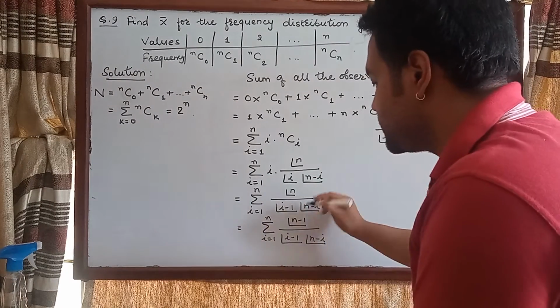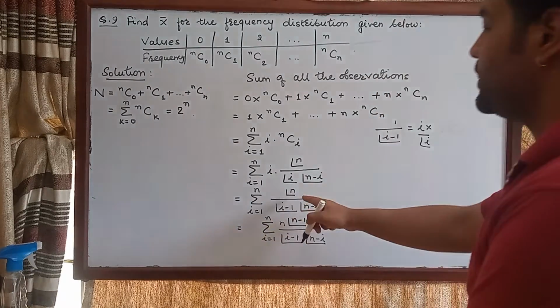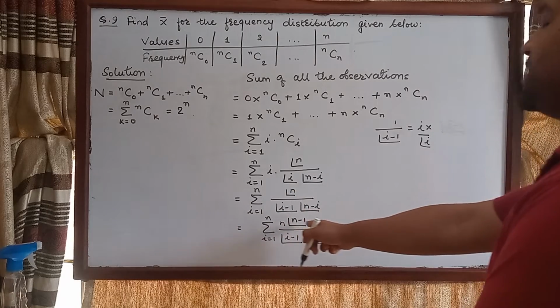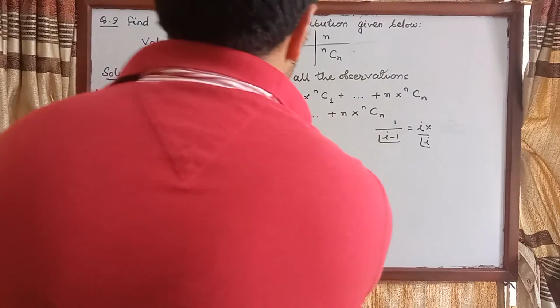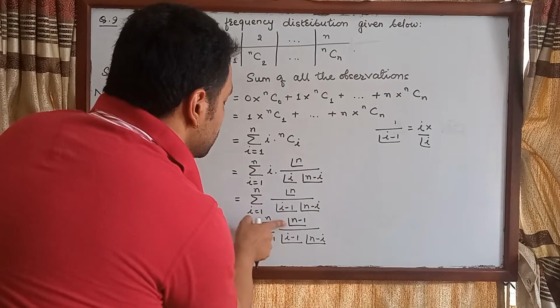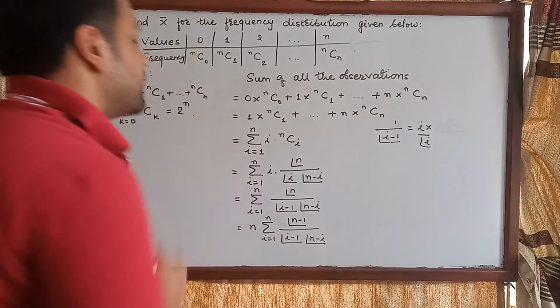It's actually like this: I'm writing n factorial as n times (n minus 1) factorial. Since n does not depend on i, we can take it out as a constant.